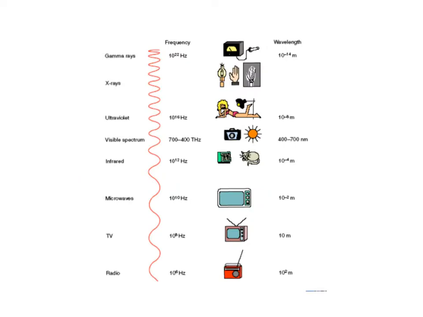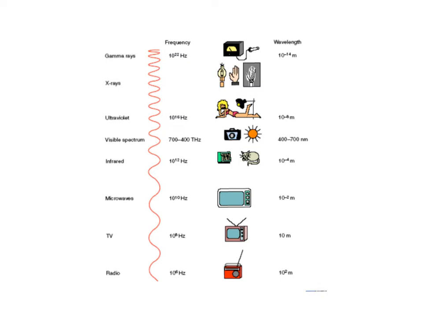So the concept of a spectrum is that there is a continuous range of a particular thing. So if we think, for instance, of the rainbow, you can think of that as a spectrum of visible light. We've got red, orange, yellow, green, blue, indigo, violet, where they flow into each other.